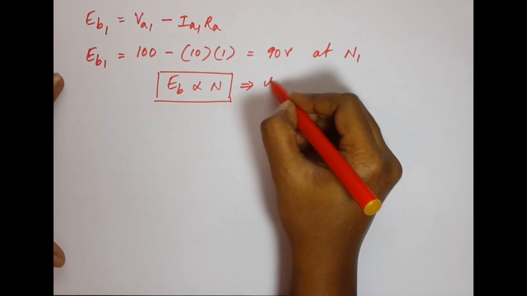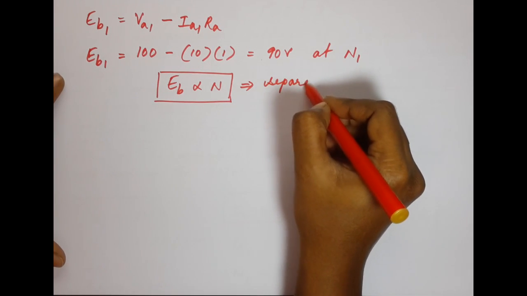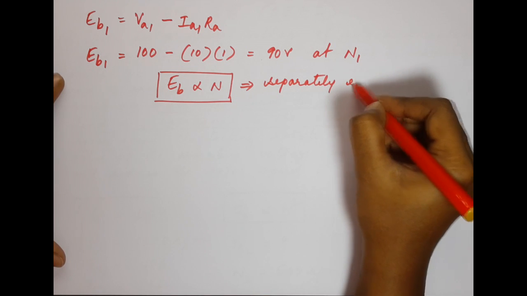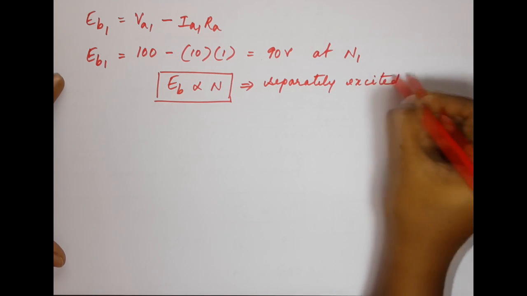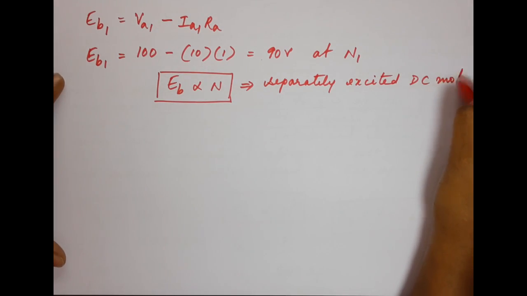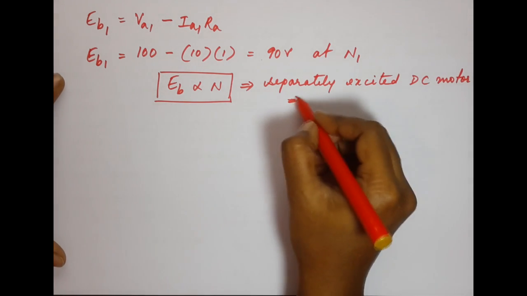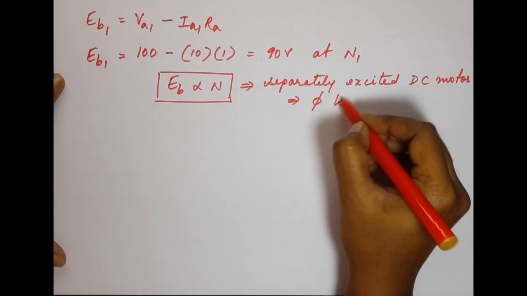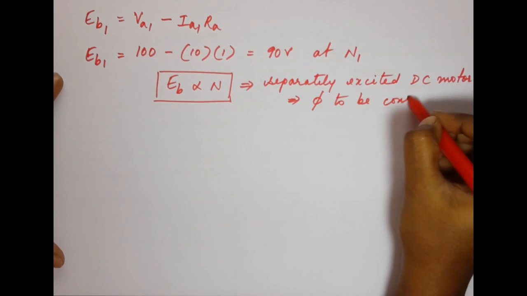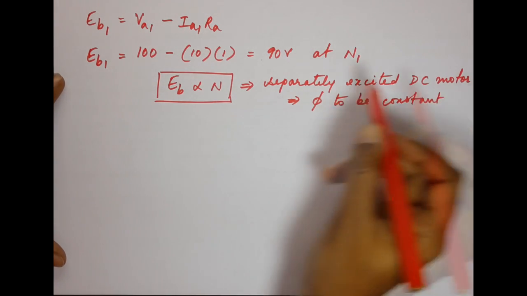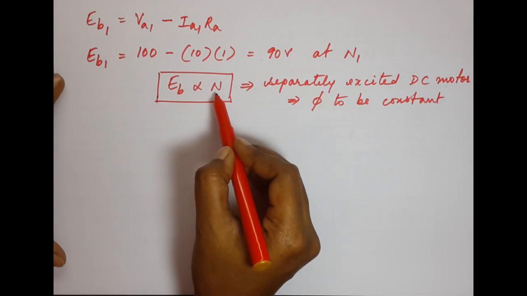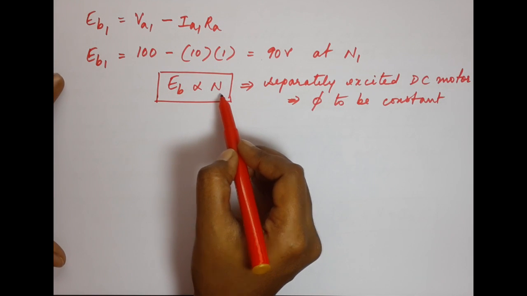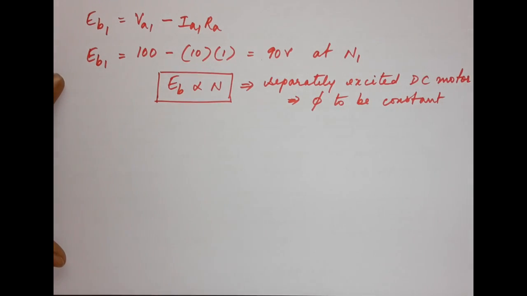So since it is a separately excited DC motor, we shall take the flux to be constant. So when the flux is constant, we have the back EMF which is proportional to the speed.